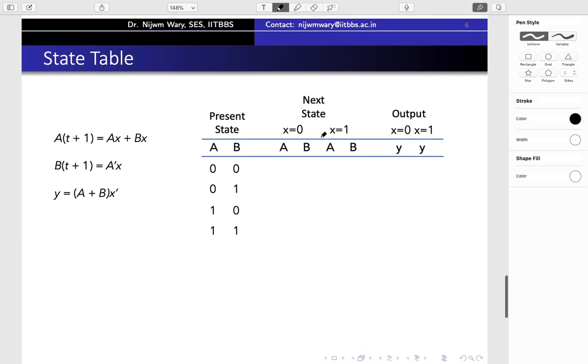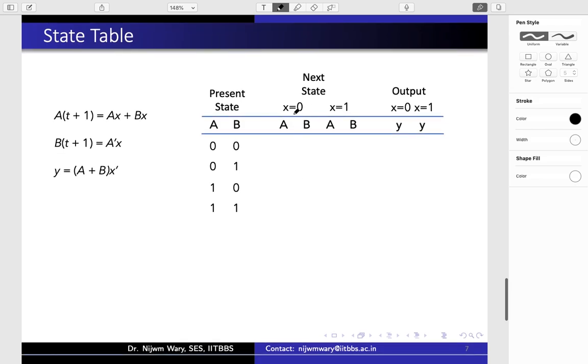Whenever it is 0, you can just write down all the next states of A and B, and whenever x is 1, again you can write down the next state of A and B, and of course similarly for the output Y. So let's try to do that.